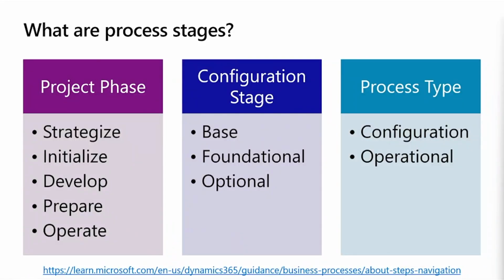Foundational means it's foundational to a specific process, but it's not necessarily mandatory to operate the entire system. And then optional things are things that you don't need at all. You can still run a business process without doing it. And then we have 2 types of processes: configuration and operational.